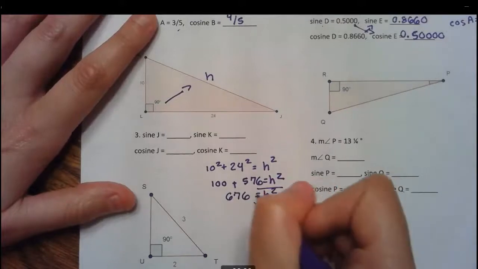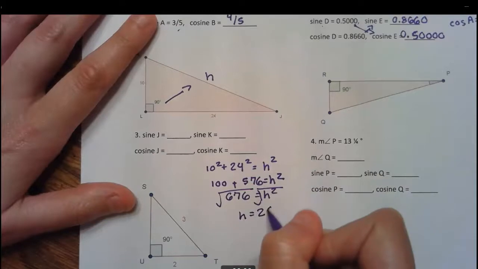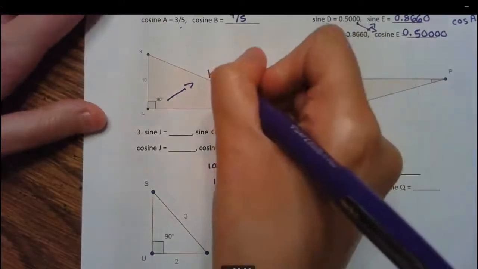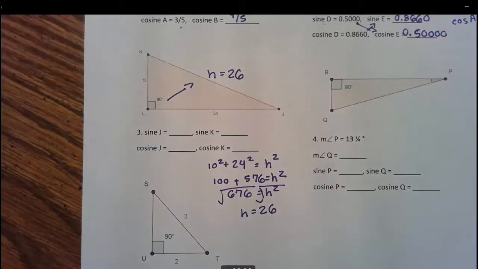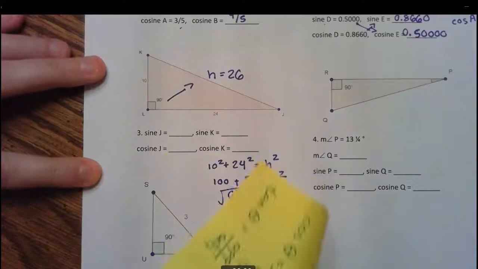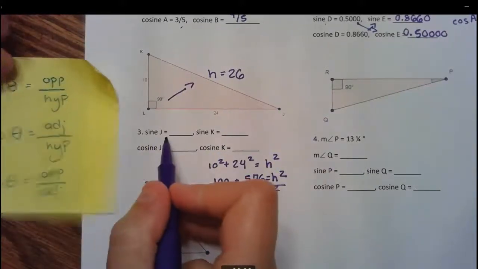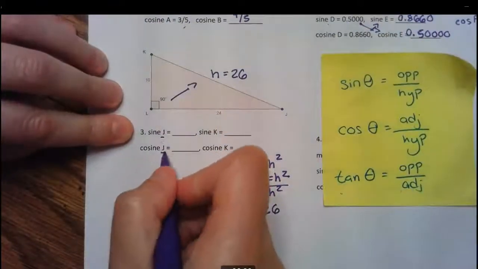And take the square root of both sides. And we get h is equal to 26. Now all we have to do is do one of them, since we know the opposites are going to be the same thing. So I'm going to fill in sine of j first. So let's do j.